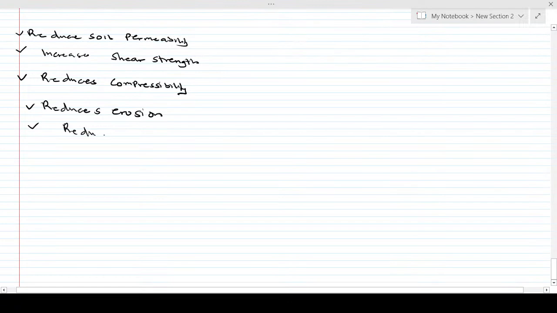So take note of this. Right, so these are effects of soil compaction.